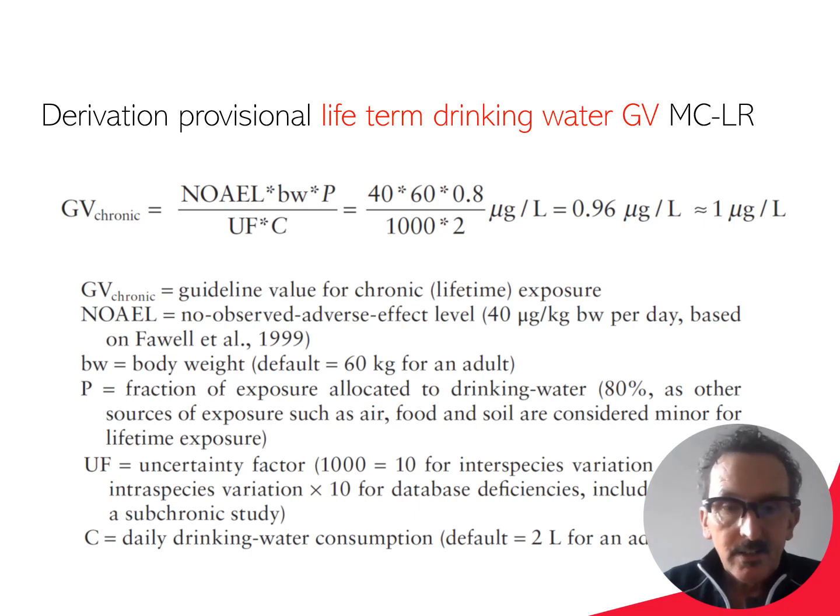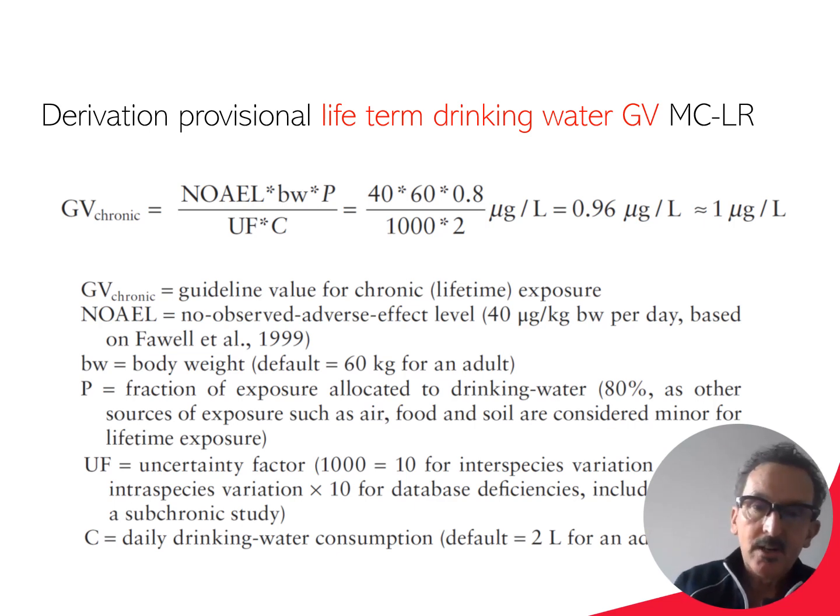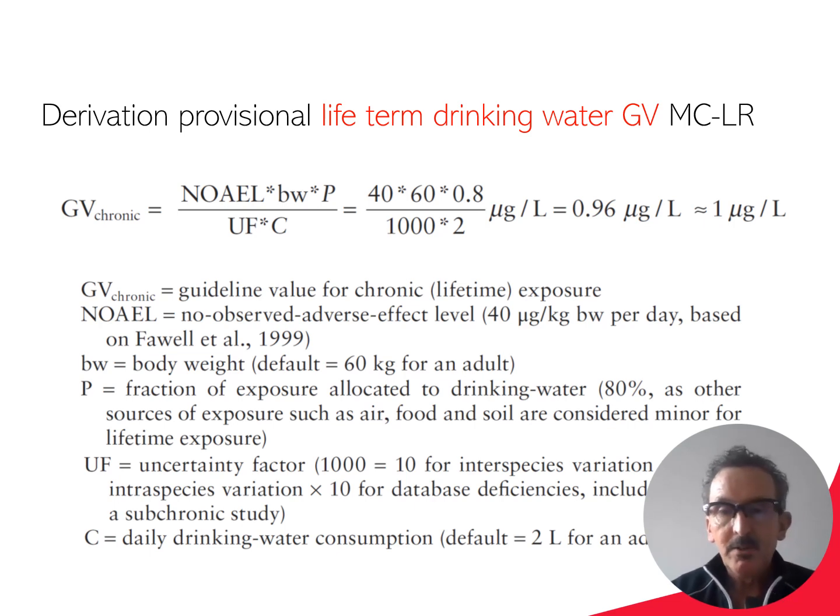The guideline value: here are the numbers that were used to get to it. You can see the same formula we've seen in the box. The NOAEL is 40, the body weight is taken as the worldwide average of 60. Some countries take an average body weight that's a bit higher.